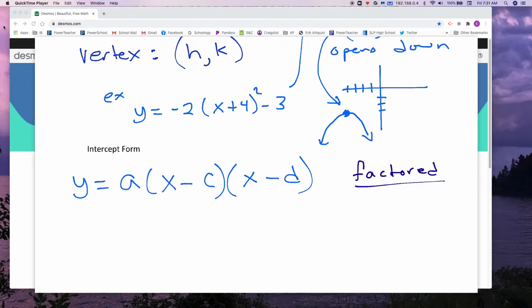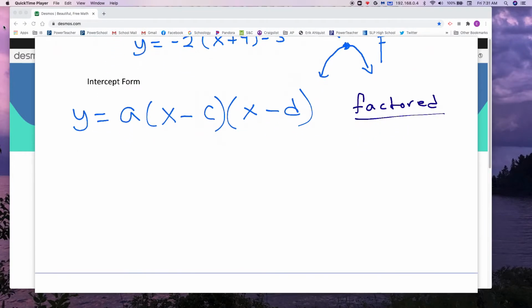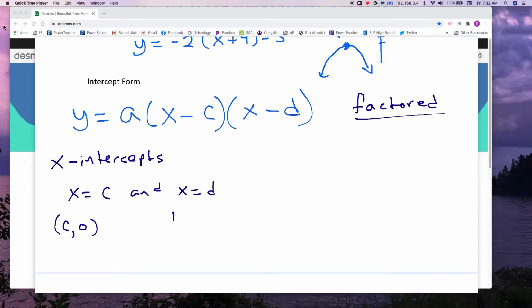Okay, so it's factored. And what this gives you is the x-intercepts. Sorry, not the y-intercepts, the x-intercepts. The x-intercepts are x equals c and x equals d. That means you have the points c comma 0 and d comma 0 are two of the points that you automatically know if you have it in this form.